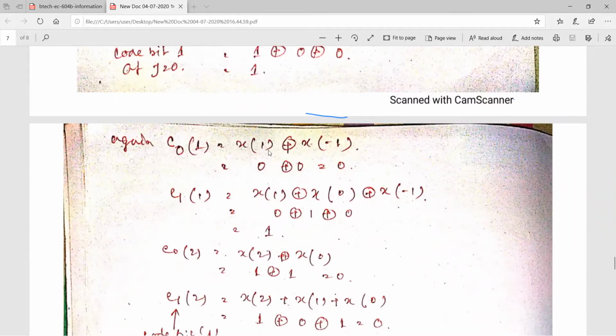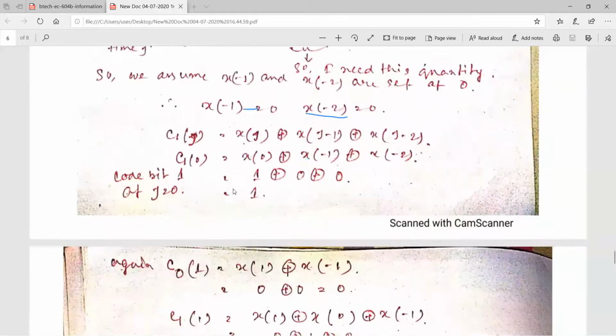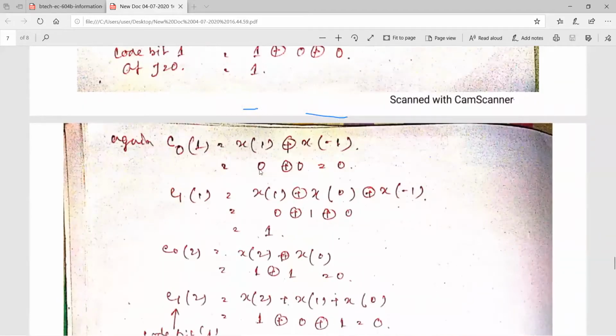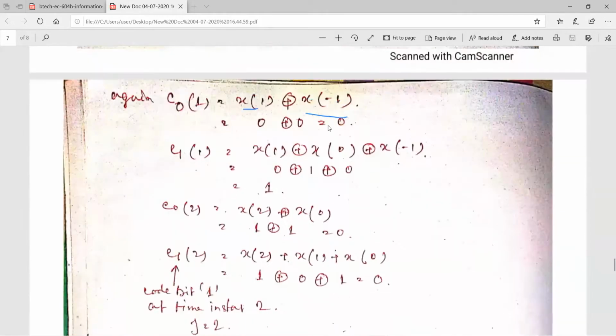So what is the value of x1? x1 equals 0, right? So here we go, x1 equals 0 XOR with x of minus 1. It is already considered as 0 previously. We have assumed x of minus 1 equals 0 and x of minus 2 equals 0. So 0 XOR 0 is 0.